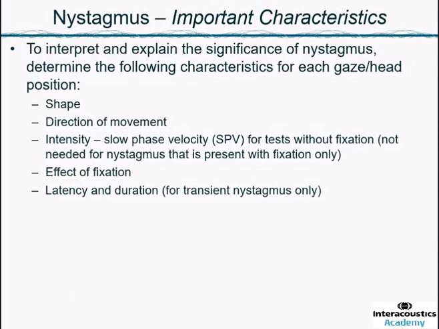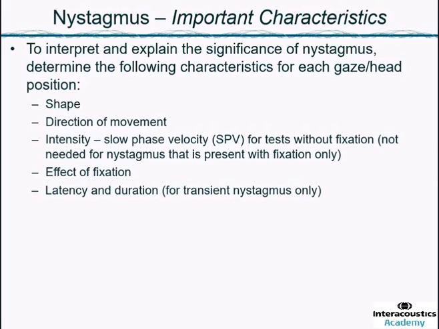You do not usually need to measure intensity in the test with fixation, because as we'll discuss in a minute, almost any nystagmus with fixation is abnormal. It doesn't have any strength or intensity criteria, but the nystagmus that's seen without fixation, the intensity needs to be determined in order to identify whether it's a significant pathologic nystagmus or not.